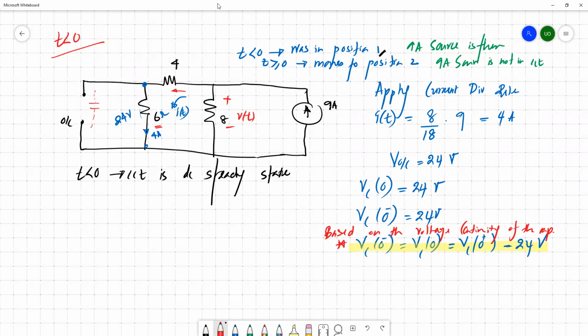So it should be smooth and continuous. Based on that argument, around a particular point the voltage should be equal. So we claim that V(0 minus) and V(0 plus) are equal in value. So now we found the initial condition of the capacitor as 24 volt.